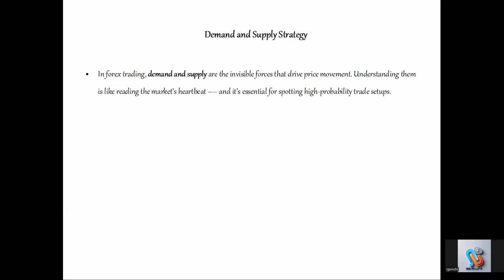So if you are referring to a demand zone, it's a zone where buying activities have occurred. You will see an area where there is a little consolidation before price will start moving. That demand is the push for the market to go up. You will see a very sharp and swift movement.